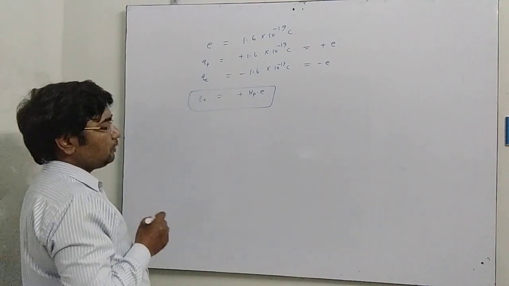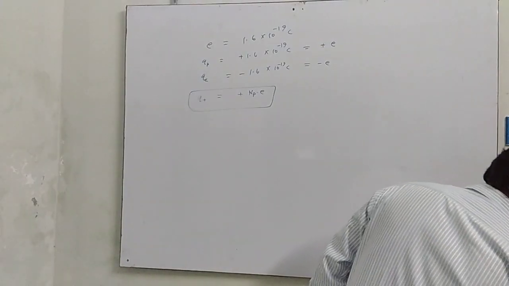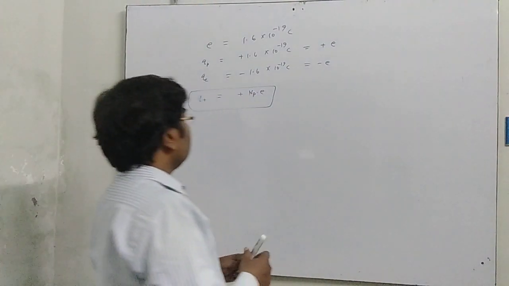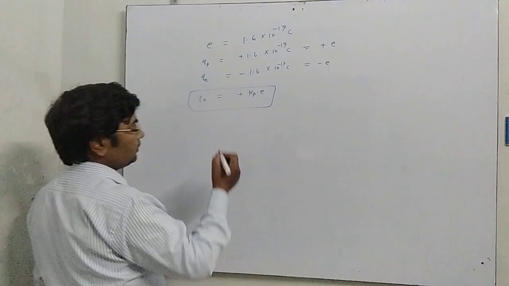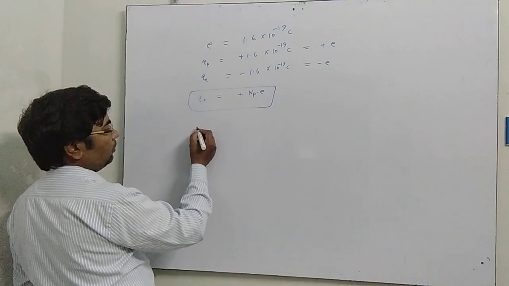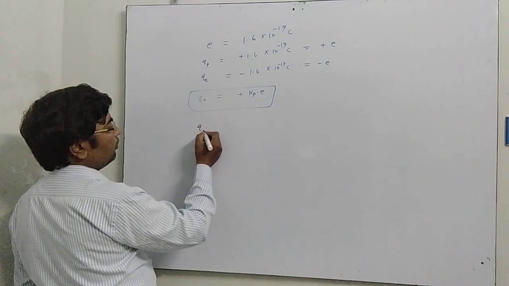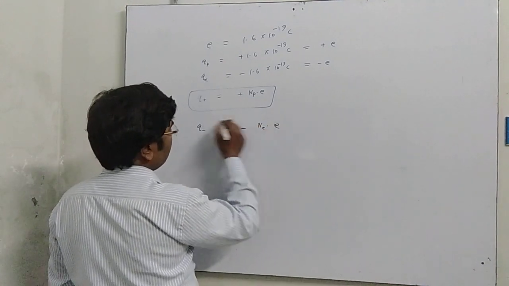This formula gives the total amount of positive charge contained in the substance. Similarly, if we consider the number of electrons contained in the substance is capital Ne, then the amount of negative charge Q minus equal to minus Ne into small e.